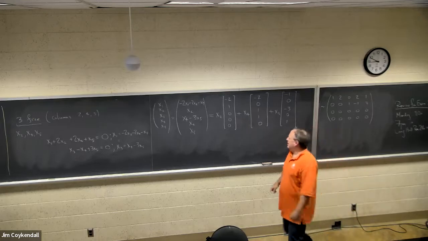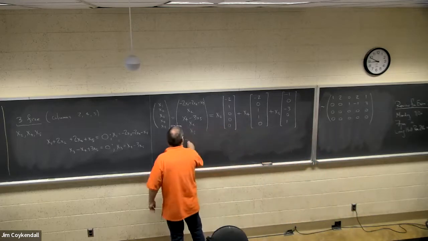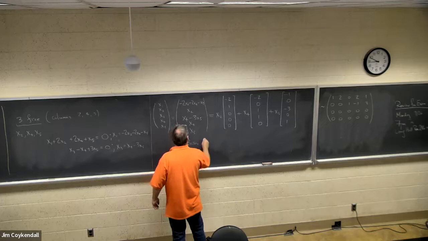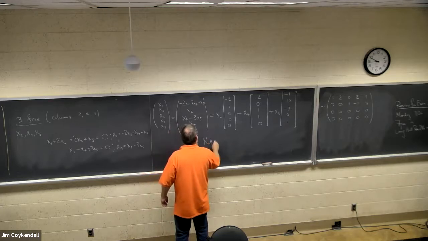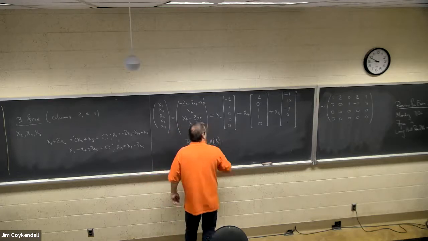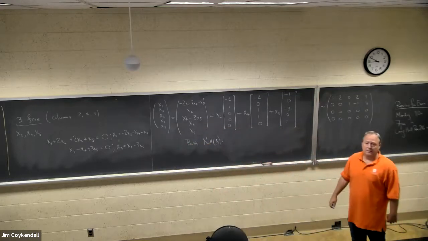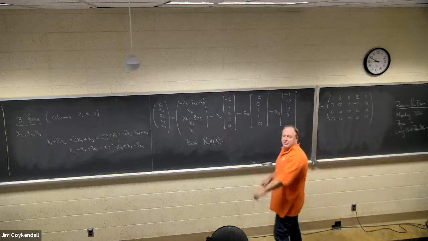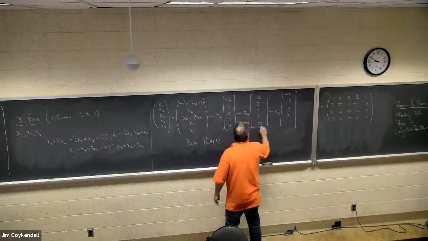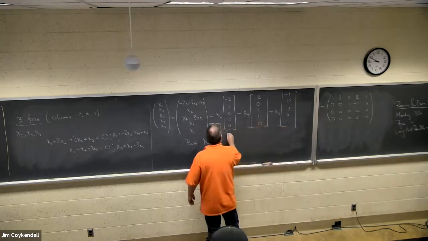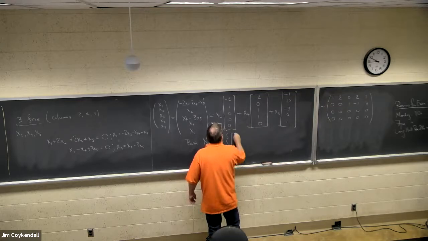Anybody want to guess for the basis of the null space? Yeah. Are these 3 vectors it? That's exactly right. It's just these 3 vectors here. So it should be minus 2, 1, 0, 0, 0.